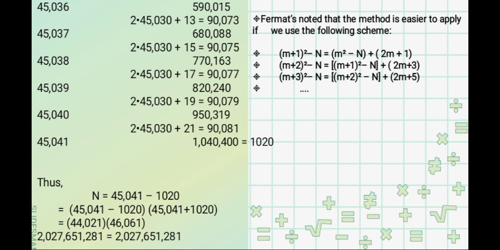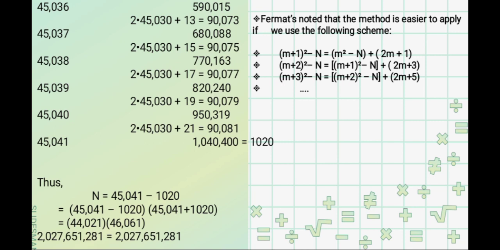So we have this answer now. 45,041 minus 1,020 is equal to 44,021. On the other hand, 45,041 plus 1,020 is equal to 46,061. So next step is we are going to multiply both numbers, okay? So 44,021 times 46,061 is equal to 2,027,651,281, which is ni-equal siya sa ato ang n, meaning sakto ang ato ang solution, sakto ang ato ang process, kay ni-equal man siya at the end.